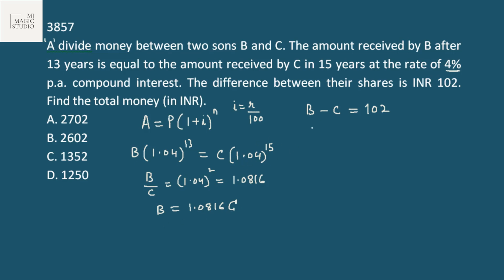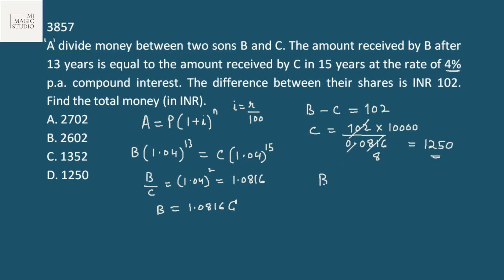Now B is 1.0816 C. That means C equals 102 divided by (1.0816 minus 1), that is 0.0816. So 102 into 10000 divided by 816. 816 goes 8 times into 10000 times 102. So the C value is 10000 divided by 8, that is 1250.